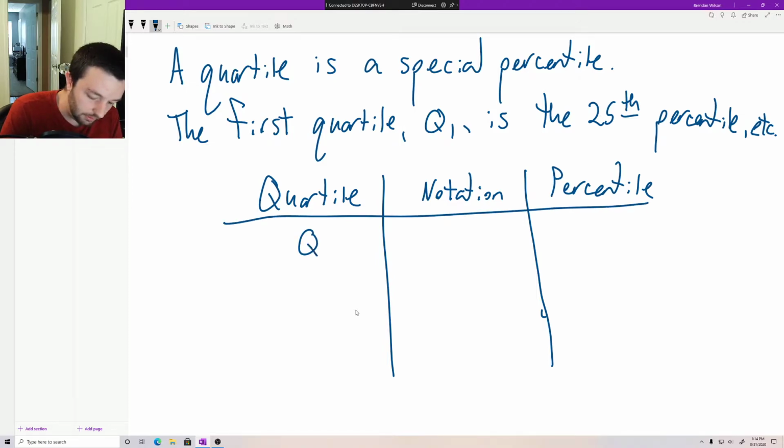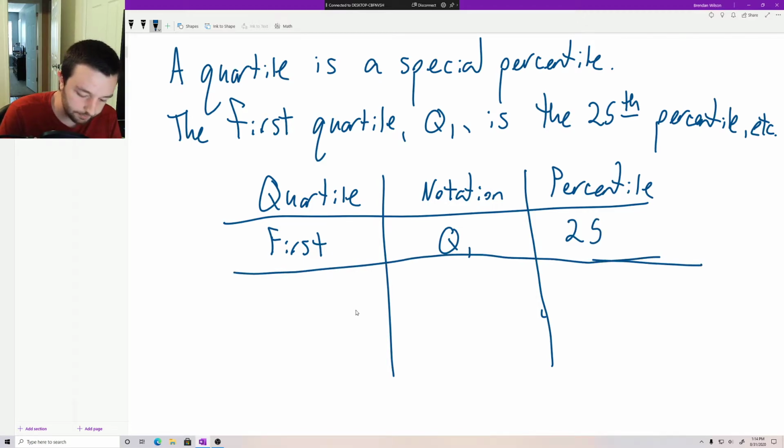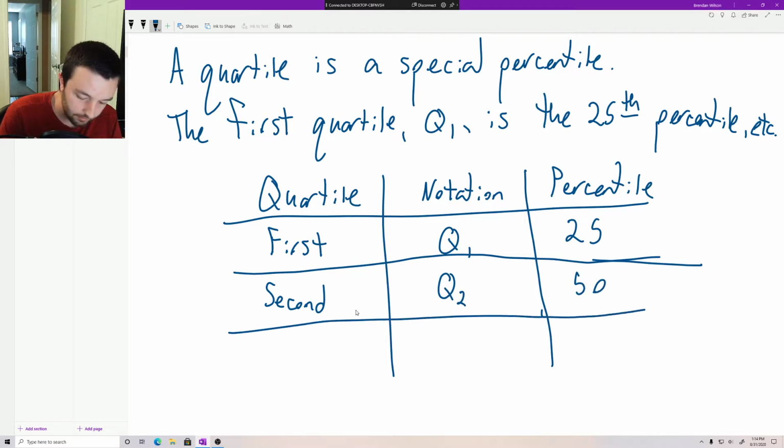So the first quartile is Q1, and that's the 25th percentile. So just like quarters, right? The second quartile is Q2, that's the 50th percentile. The third quartile is Q3, and that's the 75th percentile.